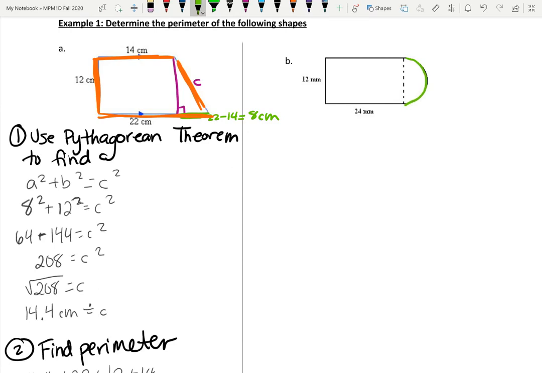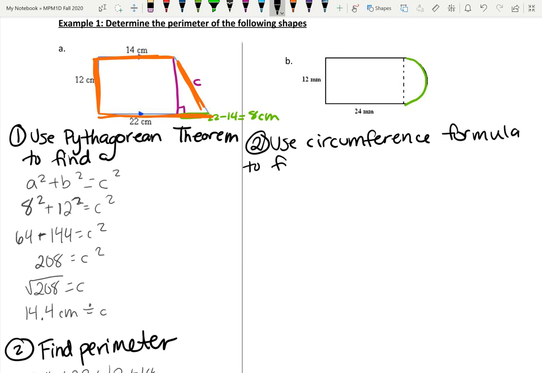So I'm going to use the circumference formula to find the perimeter of the semicircle.